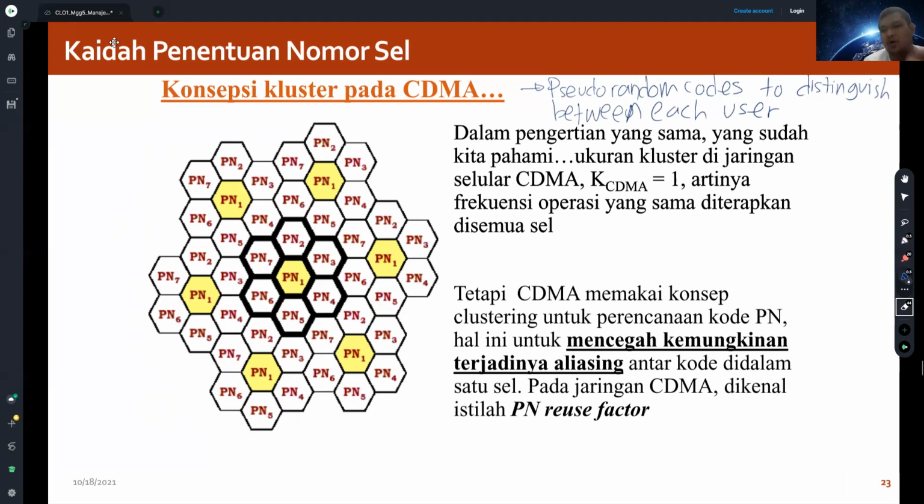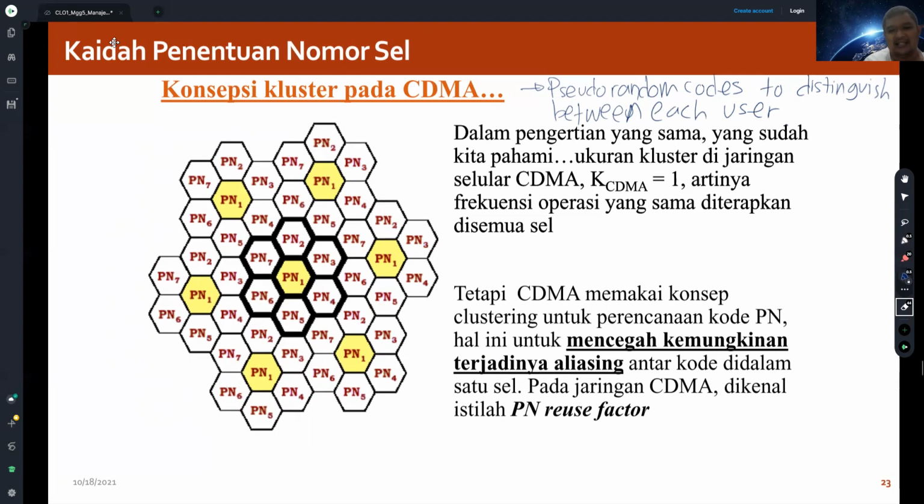So in order for us to reuse the same pseudo-random codes, we can still use this frequency reuse concept. Actually, in the CDMA method, the clustering concept can be used in order to avoid the aliasing caused by cells using the same pseudo-random code.